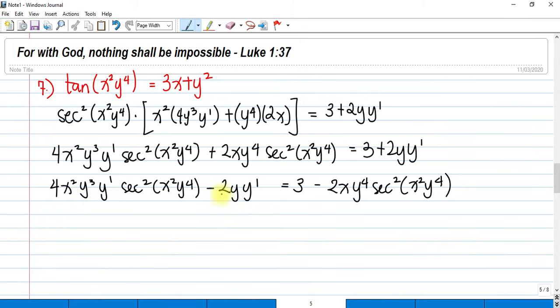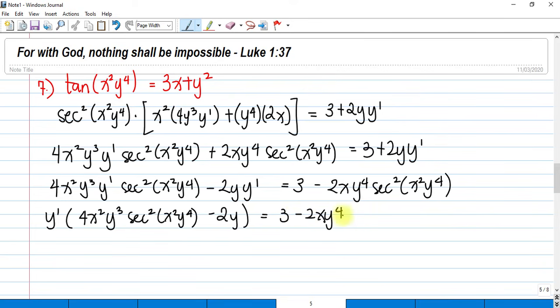Now I can factor out y prime: y prime times 4x squared y cubed secant squared of x squared y raised to 4 minus 2, is equal to 3 minus 2xy raised to 4 secant squared of x squared y raised to 4.